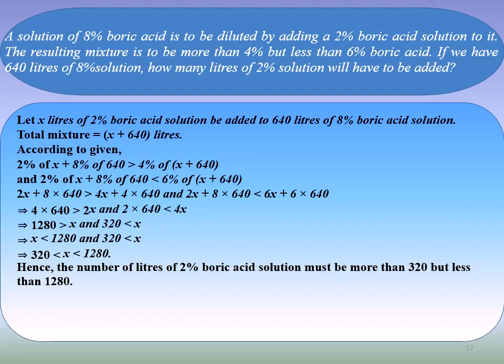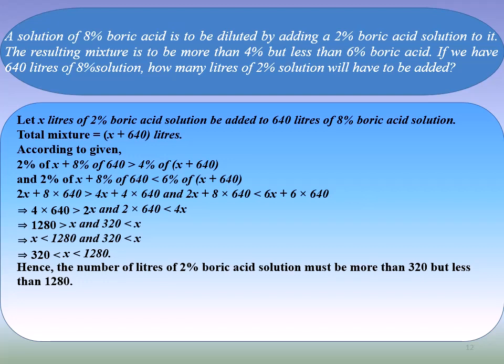So from here you can write 2% of x plus 8% of 640, which is less than 6% of x plus 640. After calculating the first condition, we got x is less than 1280, and after solving the second condition we got x is greater than 320. So x is less than 1280 but greater than 320.